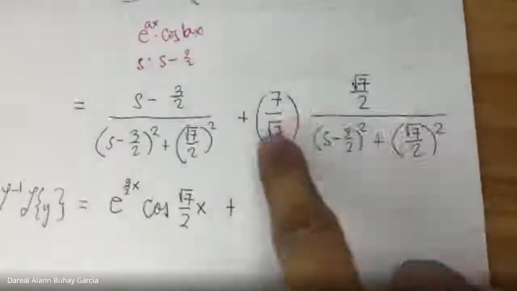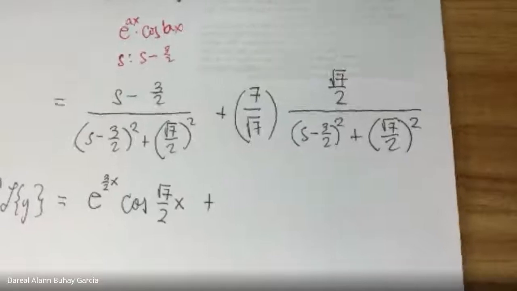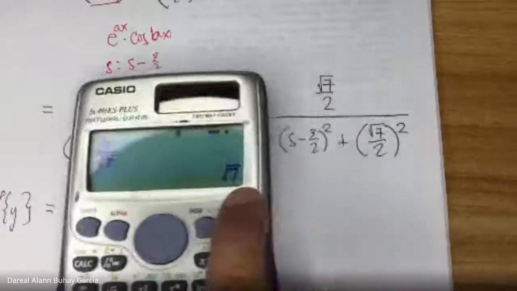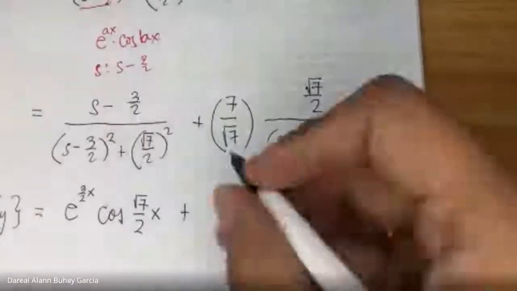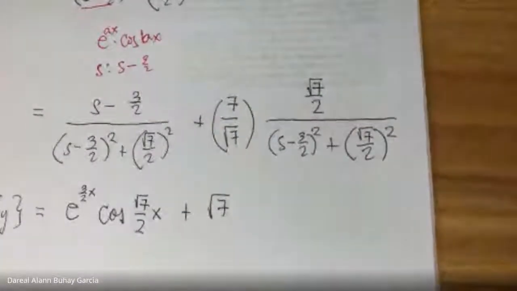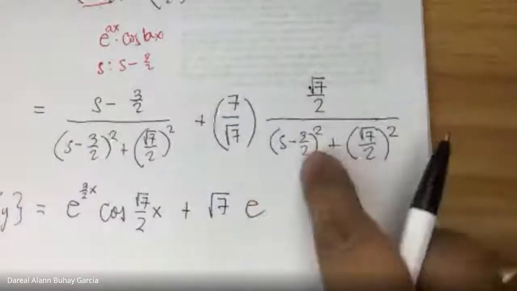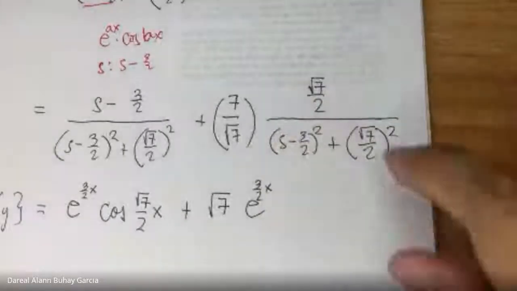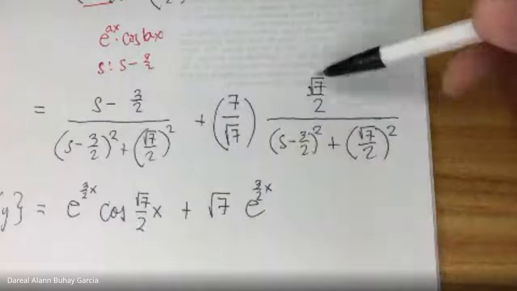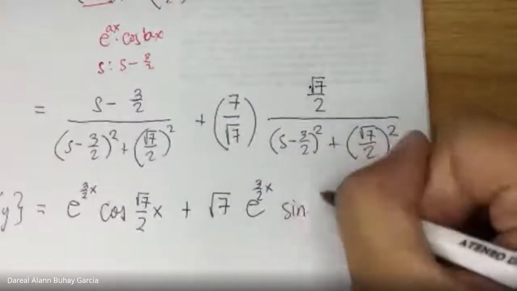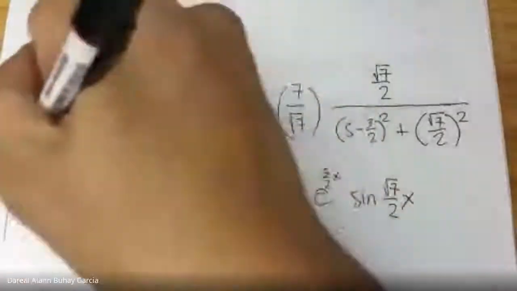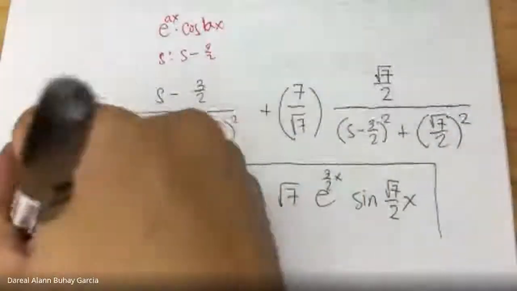Plus, actually, ang 7 over square root of 7 could be simplified as square root of 7 na gihapon. Square root of 7 times e to the power of 3 halves x times sine, where A is square root of 7 over 2 x. And this is the final answer.